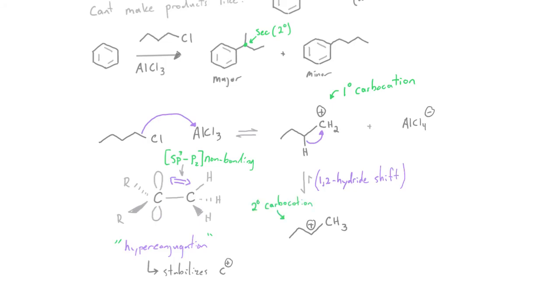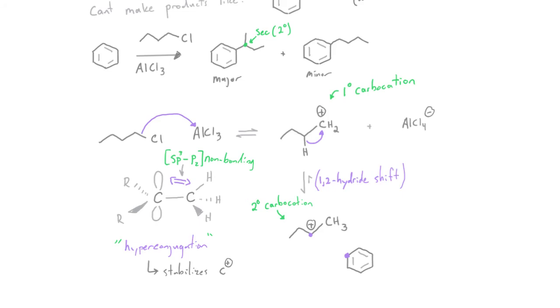So when all is said and done, our primary carbocation has rearranged to a more stable secondary carbocation, which is what reacts with the benzene ring in the electrophilic aromatic substitution reaction that we've already seen. This is why it's impossible to form primary alkylated benzene rings as the major product using Friedel-Crafts alkylation.